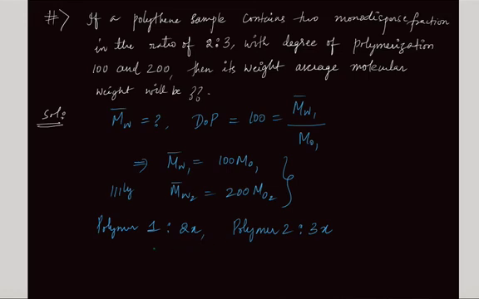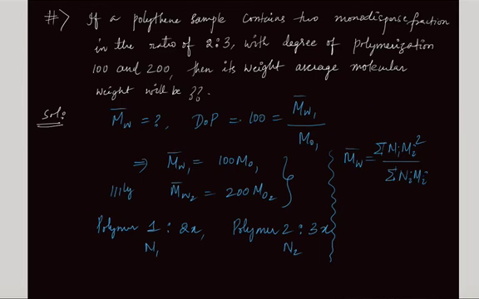Got it? So this is N1 and this is N2. We have learned earlier how to use the formula, right? So the weight average molar mass will be equal to summation of Ni Mi square divided by summation of Ni Mi.